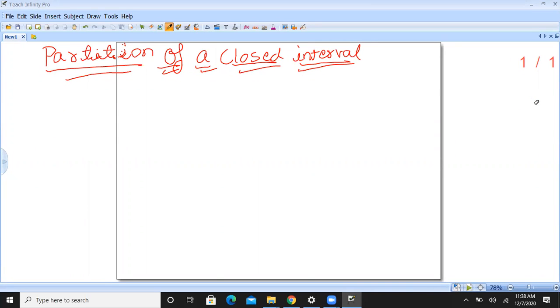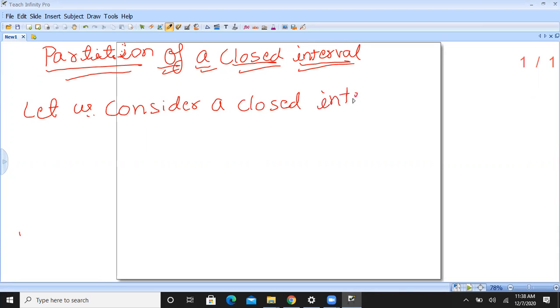Okay, so let us consider a closed interval AB.